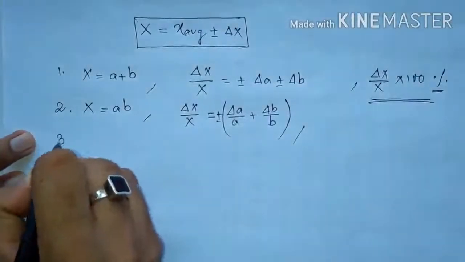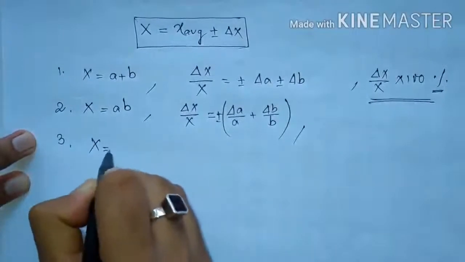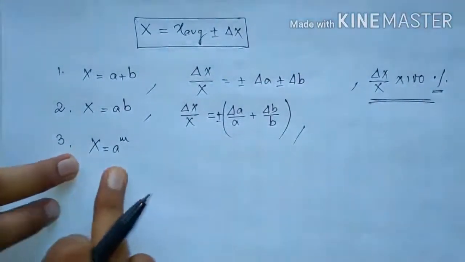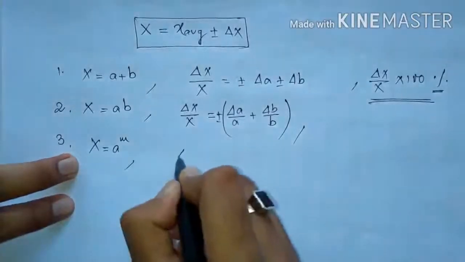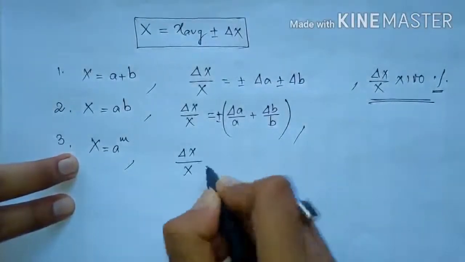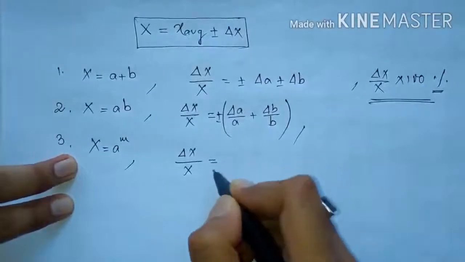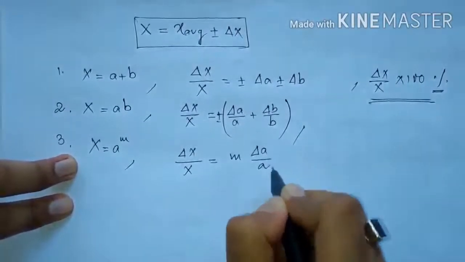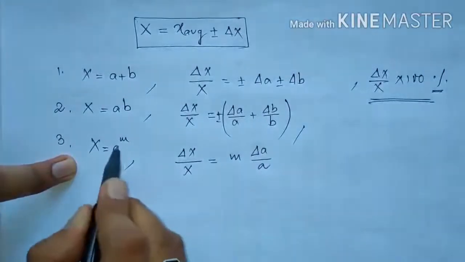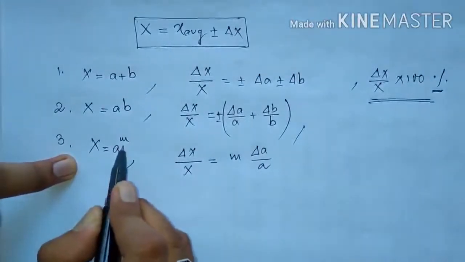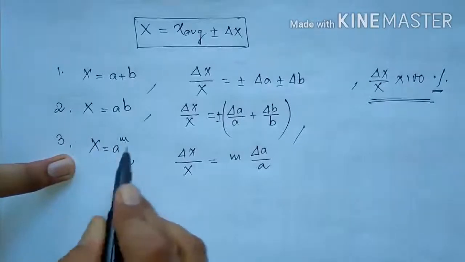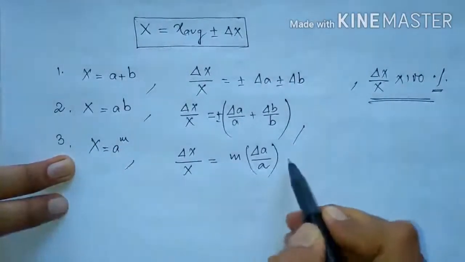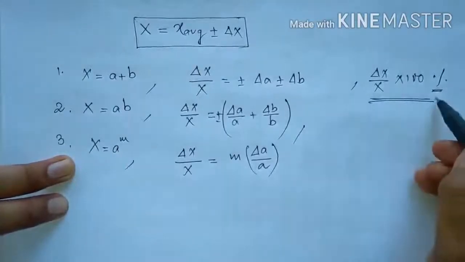Thereafter, we obtained the similar expression for x equal to a to the power m. In that case, delta x by x equal to m delta a by a, where m is the integer appearing as the power of a in x equal to a to the power m. For percentage error, I just multiply by 100 and put a percentage sign.